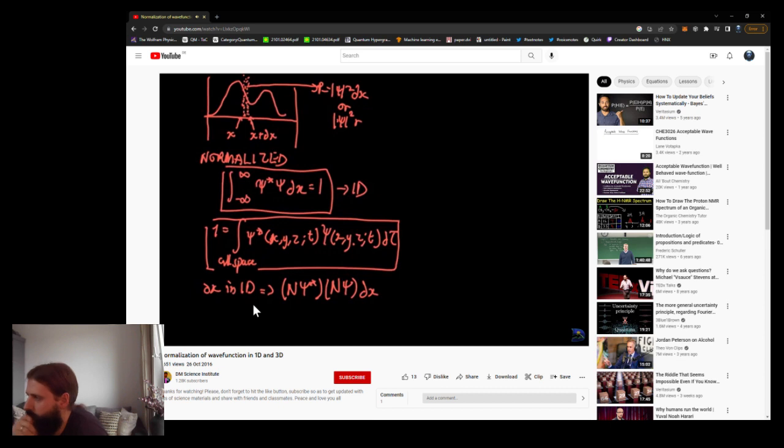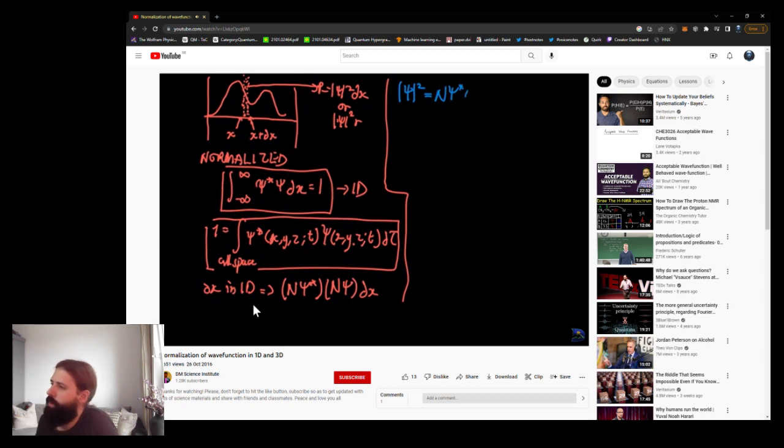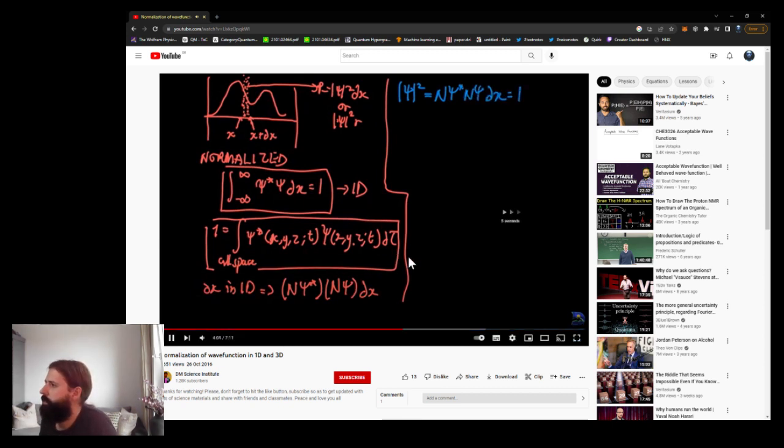Now, the sum of the individual probabilities must be equal to 1. So probably he's going to do the 3 dimensions separately, and add them, which is the square of your wave function. The square of the wave function must be equal to the normalization constant's complex conjugate multiplied by the wave function's complex conjugate.